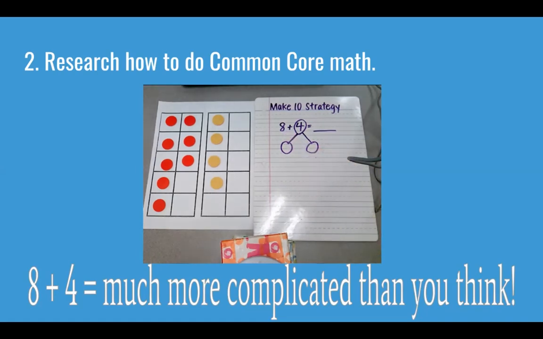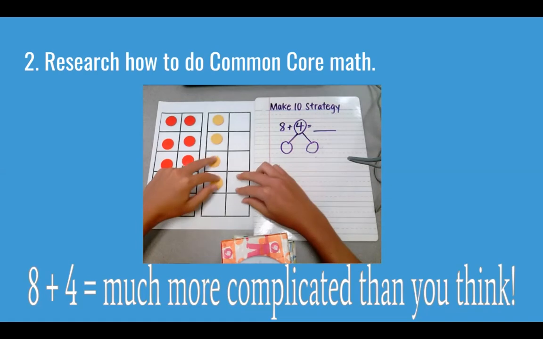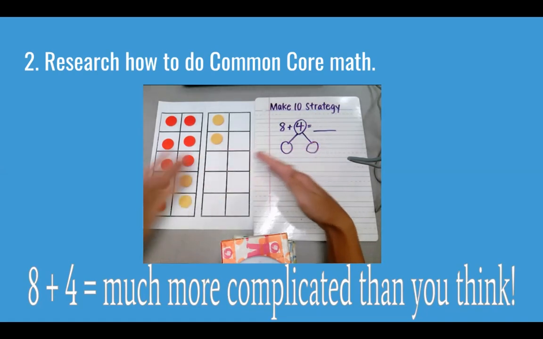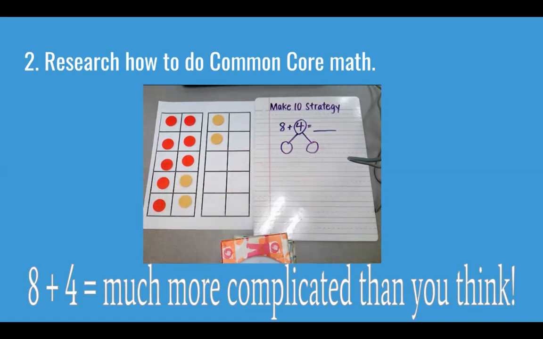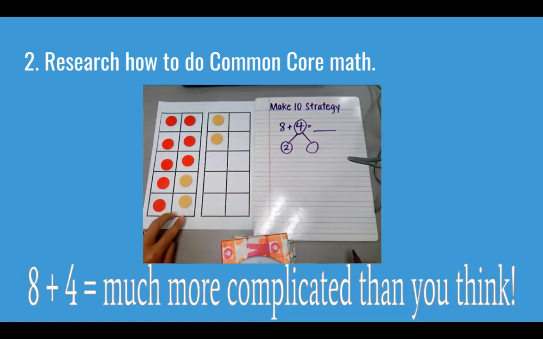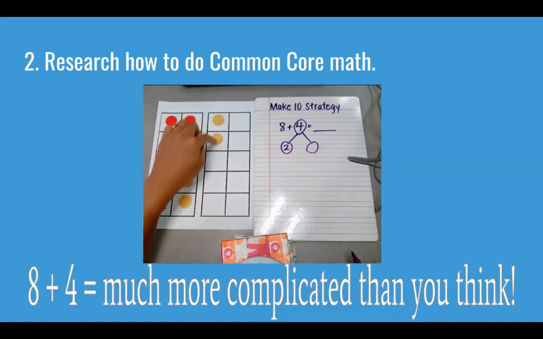And I tell the kids this is where the magic happens. The magic happens when we move 2 over to complete the 10 frame. We took the 2 from the 4 and made a complete 10 frame. The first part of the bond is 2, where these 2 came over to make the complete 10 frame. Then I asked the kids, what do we have left over? Well, we have the 2 left over.